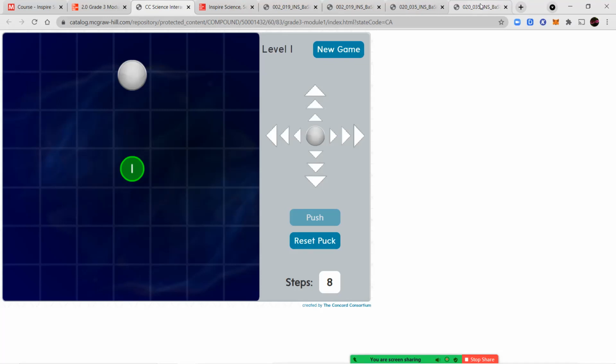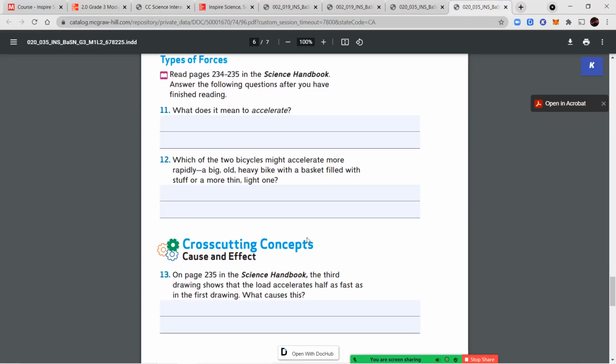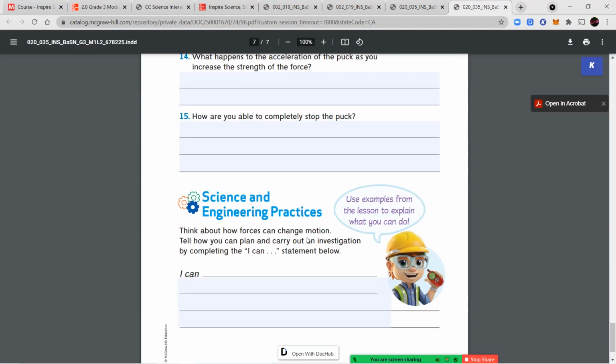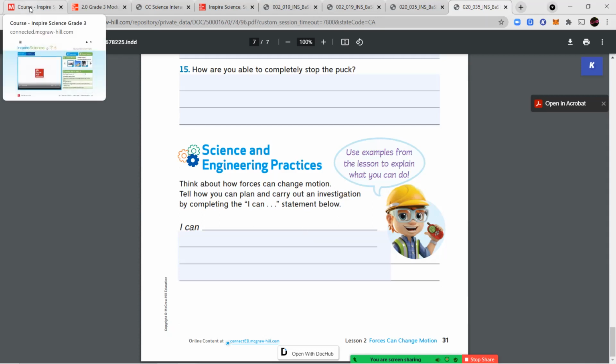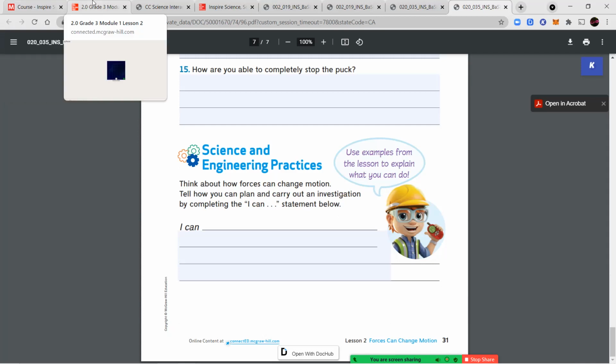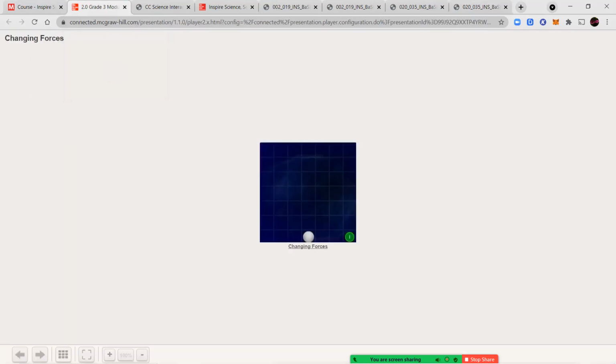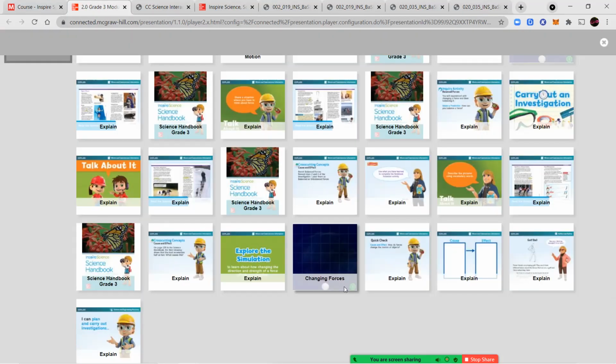All right, now that we've completed that page, we've completed page 30 and 31, we're going to move back and take a look at what we have next in our lesson. After that, you've got another inquiry activity on page 32 and 33, where we're going to be conducting an inquiry activity to identify how friction affects forces.